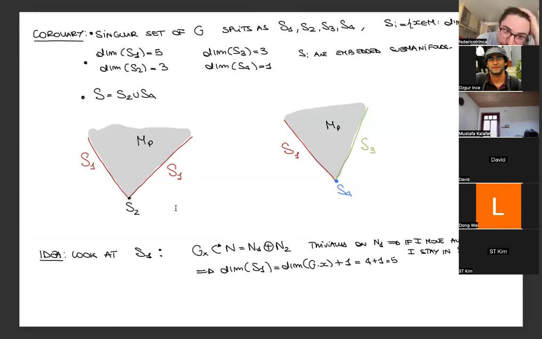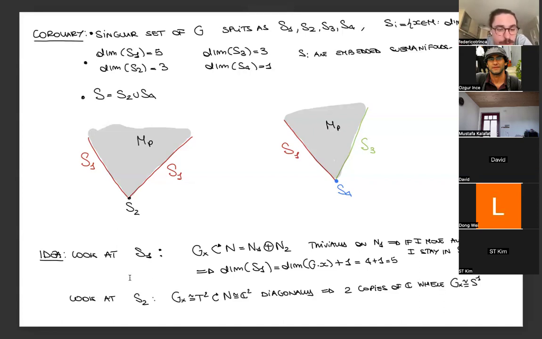Now, the idea for this is the following. If we look at S1, the action of the stabilizer on the normal bundle splits as N1 plus N2, and the action of Gx on N1 is trivial. So if I move along N1, I stay in S1, so the stabilizer doesn't really change. And so the dimension of S1, which would a priori be 4, now becomes 5, because I can move along this N1 direction.